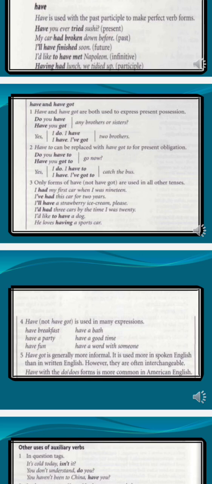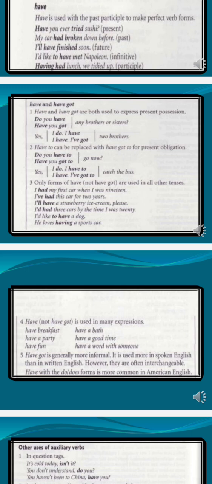Number two, have to can be replaced with have got to for present application. For example, do you have to go now? Have you got to go now? Yes, I do. I have to catch the bus. Yes, I have. I've got to catch the bus.